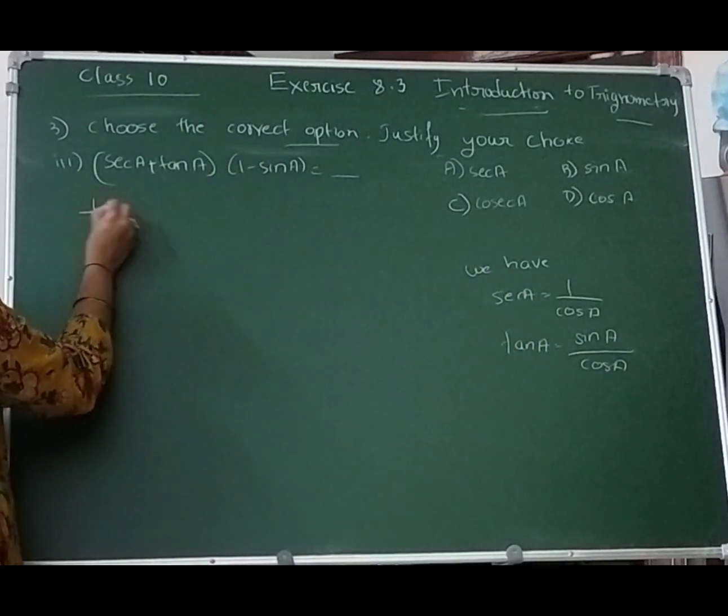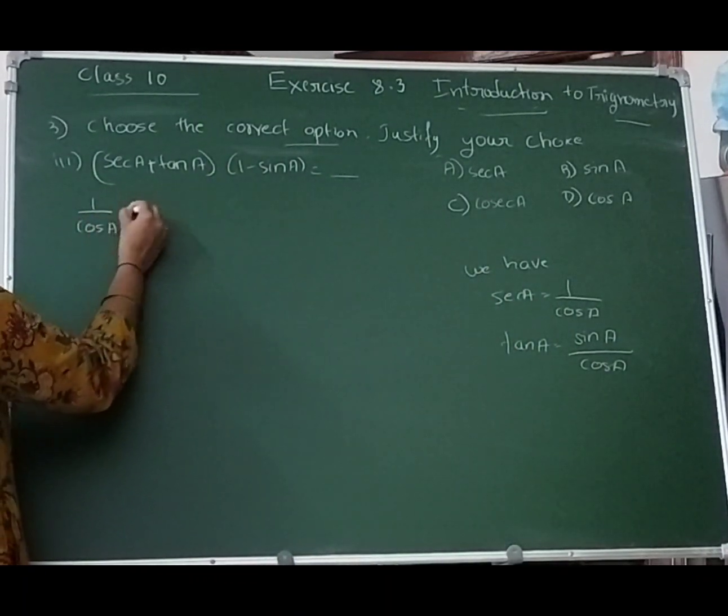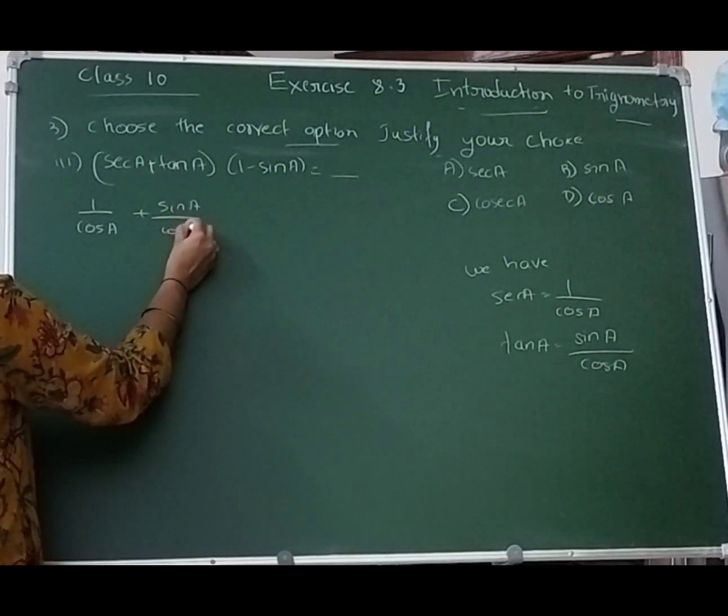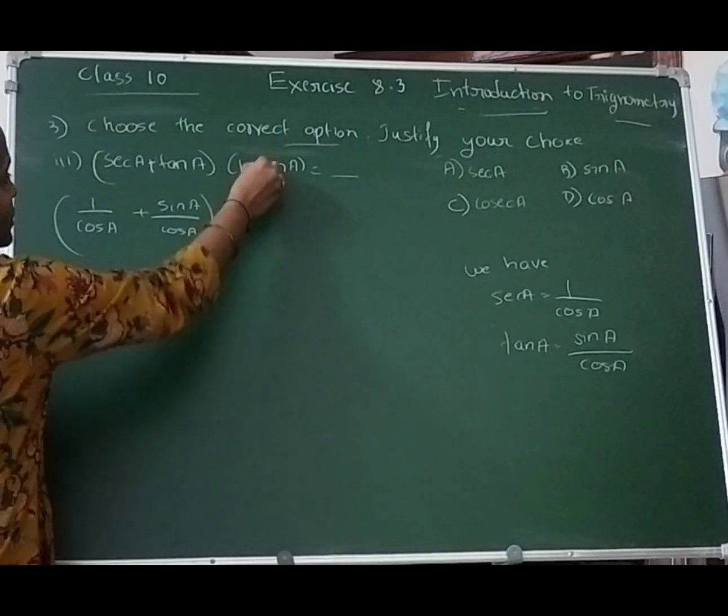It will become 1 by cos A plus sin A by cos A, whole into 1 minus sin A.